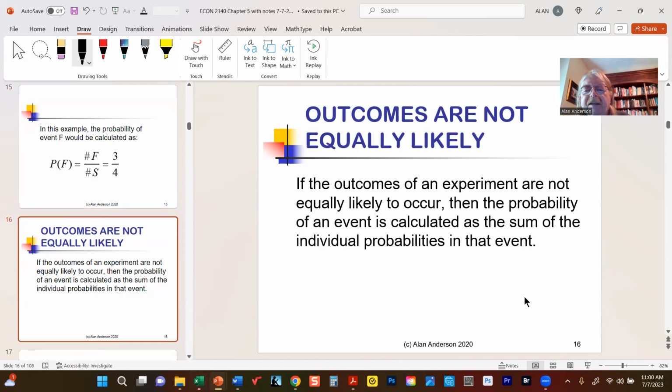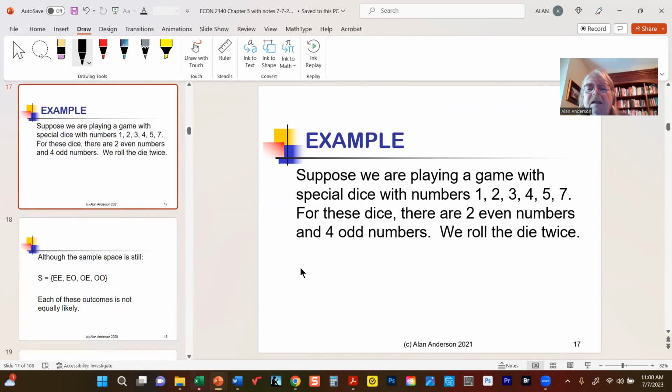How about the case where outcomes are not equally likely? Let's try this one. Now we have a separate game, playing with dice that are not standard dice. We're playing some bizarre game where instead of a 6, we have a 7. For some reason, this game works on the premise that we need a 1, 2, 3, 4, 5, and a 7.